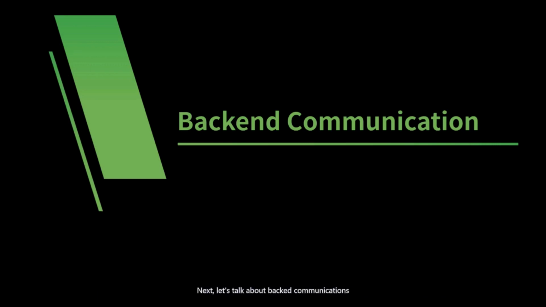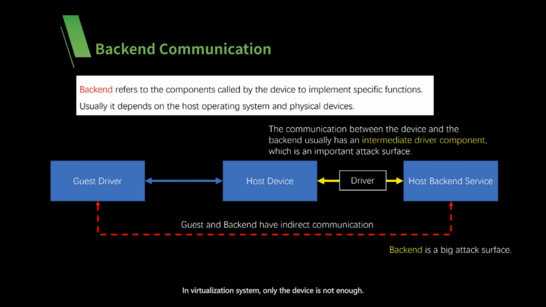Okay, next, let's talk about backend communication. In virtualization system, only the device is not enough. The device receives only the raw data, and further processing needs to be performed by the backend. For example, the network card device only receives the network data packets, and how to forward it needs to deal with the backend of the Ethernet or IP protocol stack.